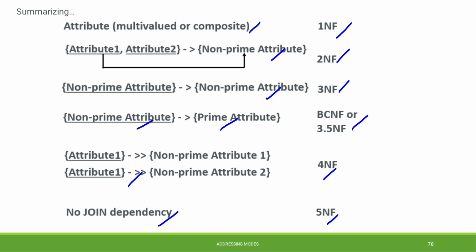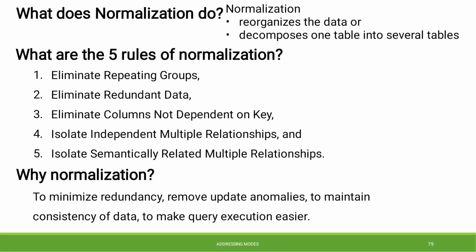So, summarizing normalization: normalization reorganizes the data in a relation, or decomposes one relation or table into several tables. Why is it done? To minimize redundancy, to remove update anomalies, to maintain consistency of data, to make query execution easier.